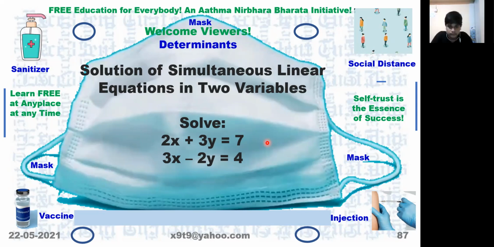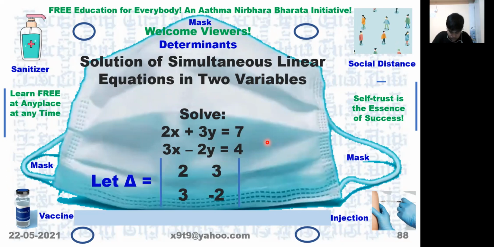Yeah, that's why. So what we will do, we will learn a method using determinants, how to solve this problem. Okay. So you write, let delta is equal to. Now, before writing, you have to see that the first term is x, the second term is y in this given equation.